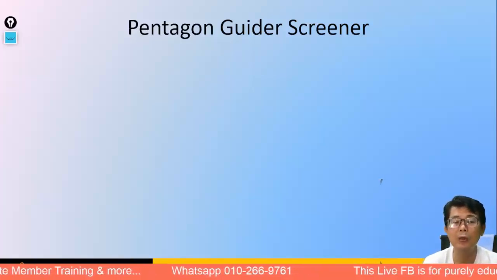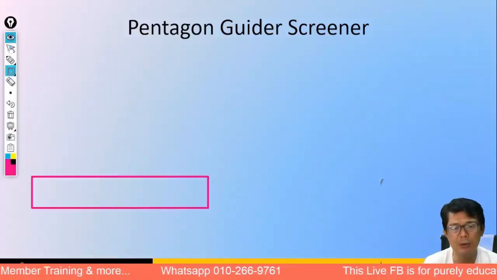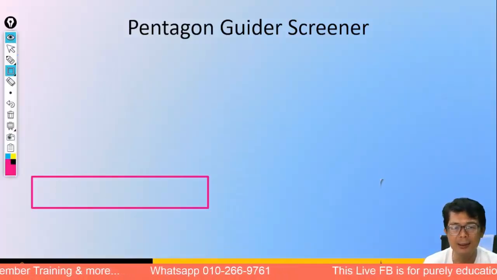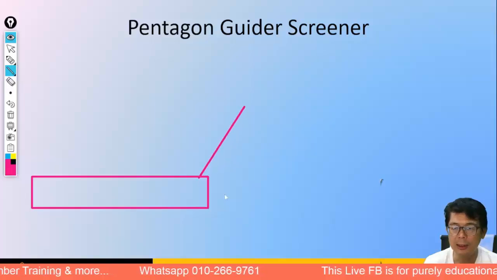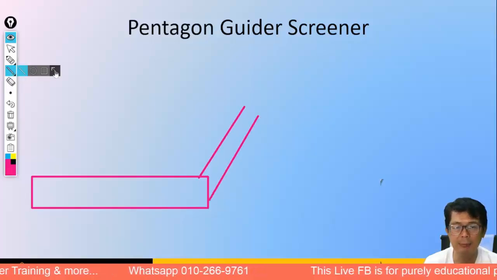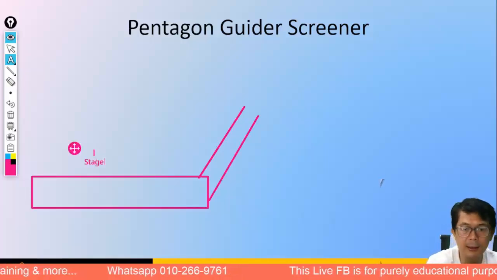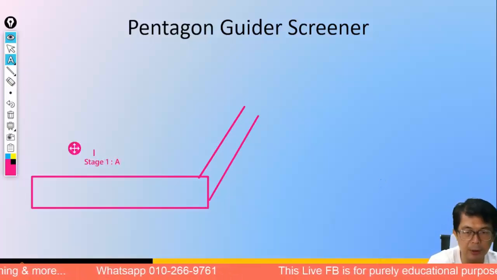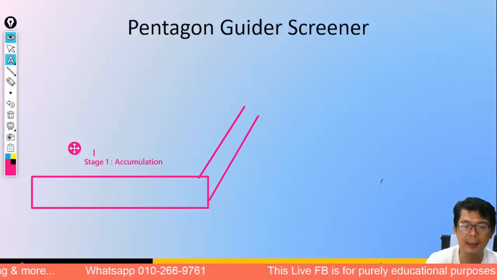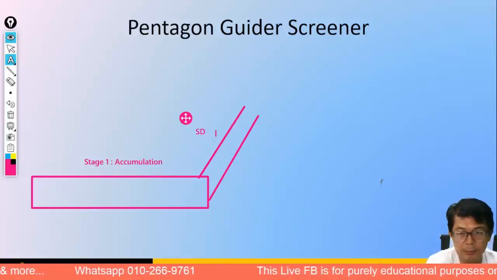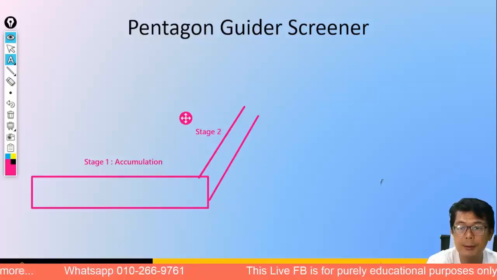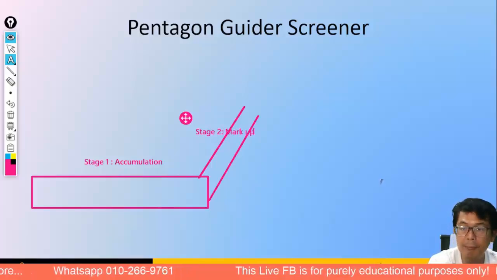This is looking into stage 1. Let me just label them again: this will be the Pentagon Guider stage 1, which is the accumulation. Then you have stage 2, markup.